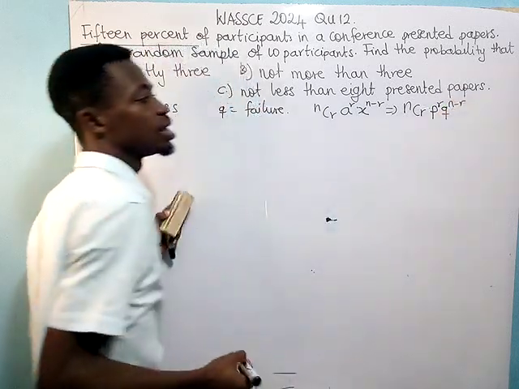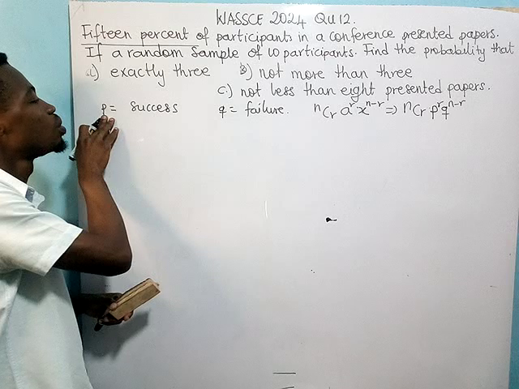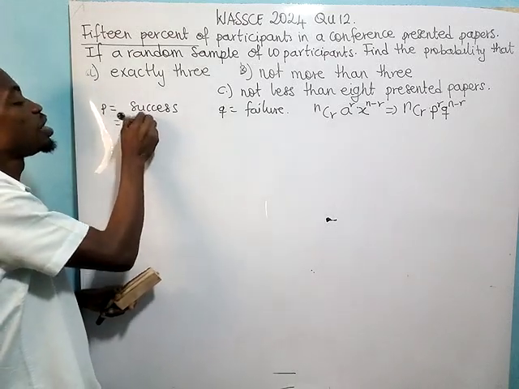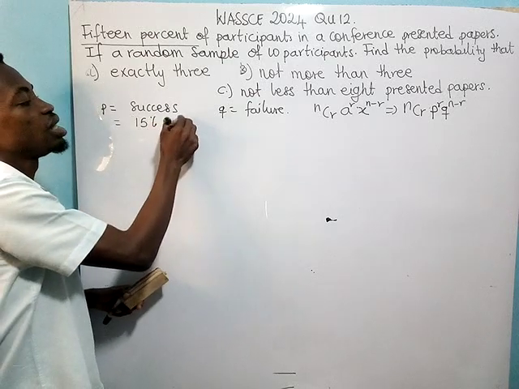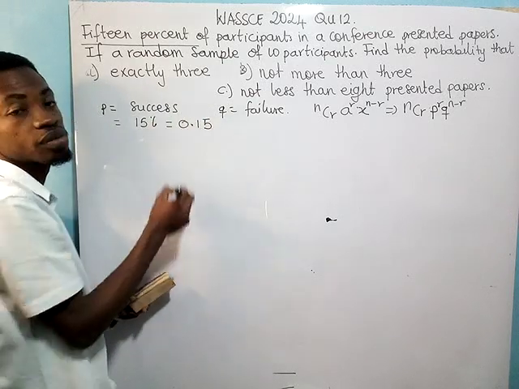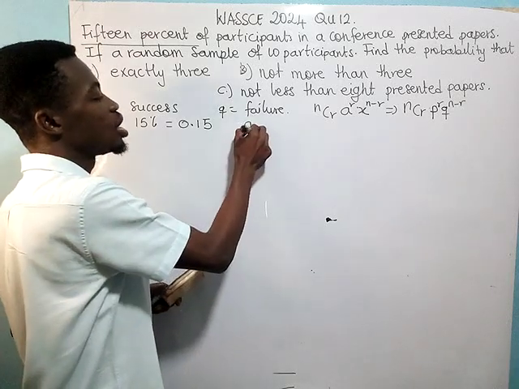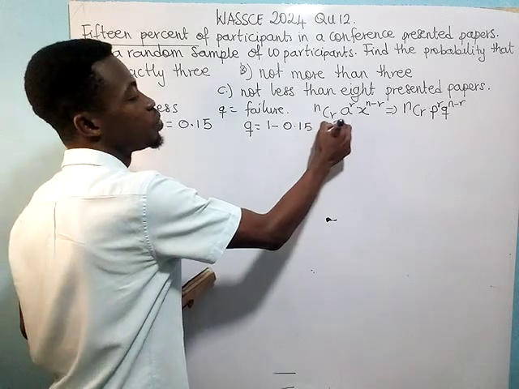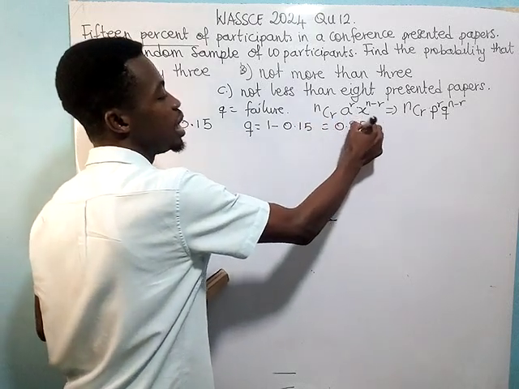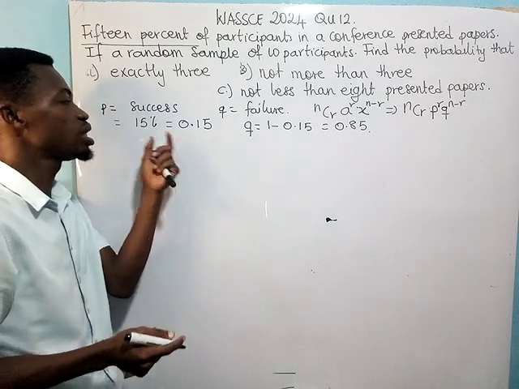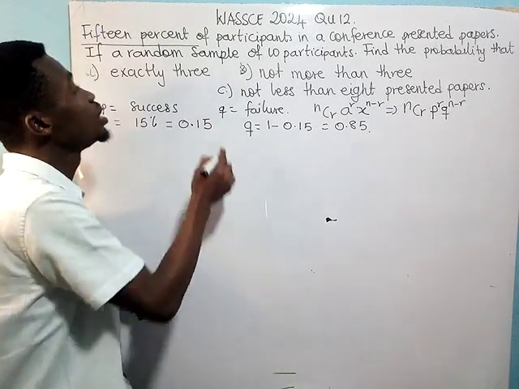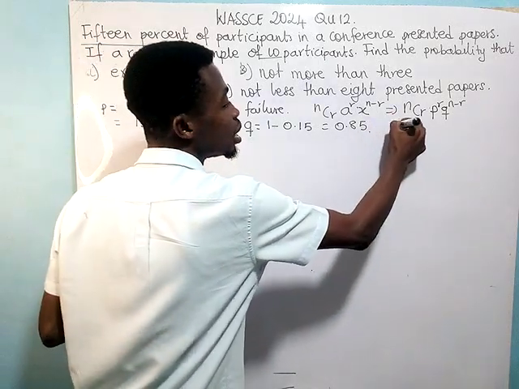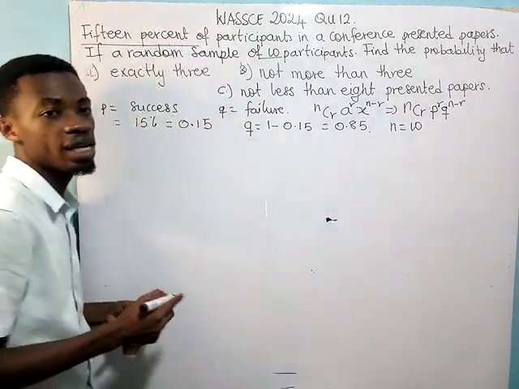So what is the probability of those who presented? It is 15%, which is 0.15. Then q, the failure, is 1 minus 0.15, which is 0.85. We are told a random sample of 10 participants, so n is 10.